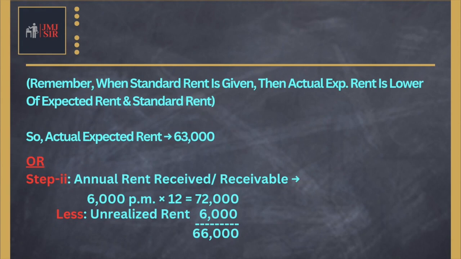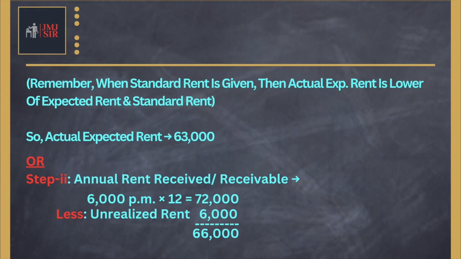In this example, the unrealized rent also is given, and unrealized rent means the amount of rent not paid by the tenant. There is an effort for the collection of the rent. The tenant vacated the house property without paying the rent, and even after the efforts, when the rent is not received, then it is considered as unrealized rent.